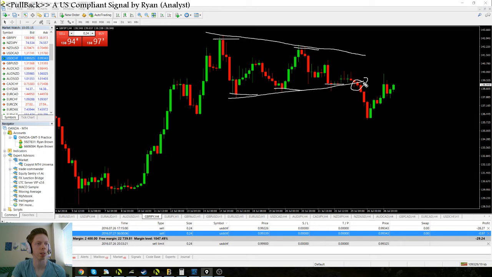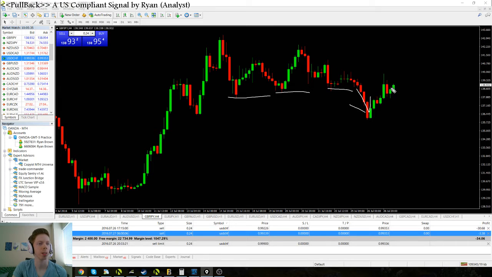It's broken here, and then this move down here broke all these levels that I just drew out. So all these levels were broken in this move down, and so I would expect potentially more downward movement on the pound Japanese yen.